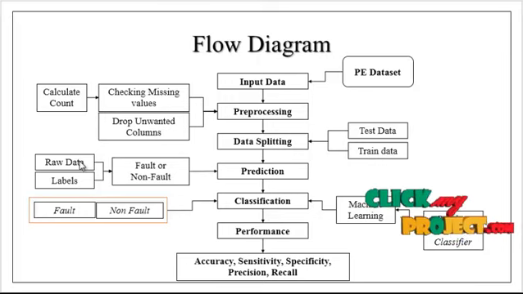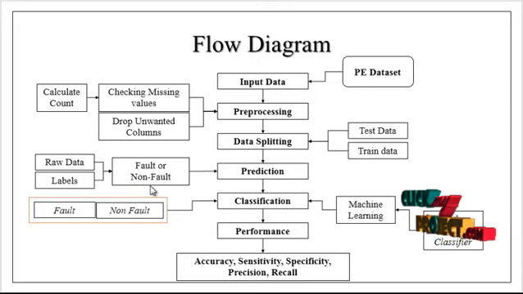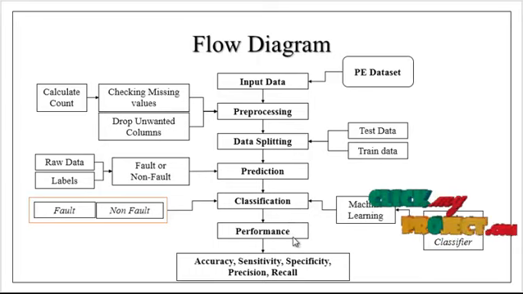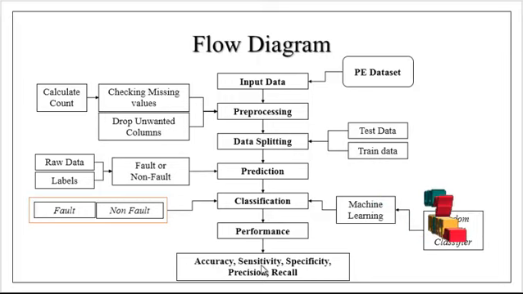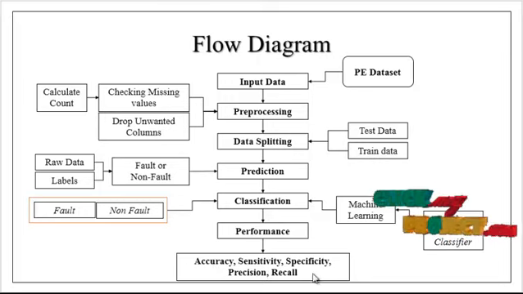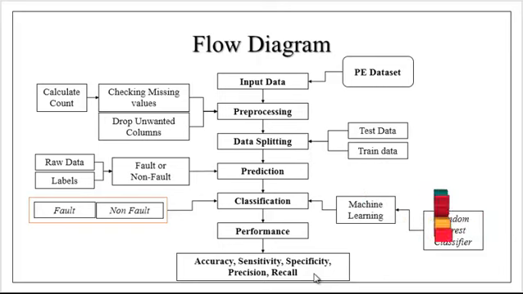Based on the raw data and label, it will show the result as fault or non-fault by means of the random forest classifier. After generating the results, we move to the performance estimation. In the performance estimation, we have performance parameters like accuracy, sensitivity, specificity, precision and recall. By using these five parameters, we can justify whether a process is efficient or not.